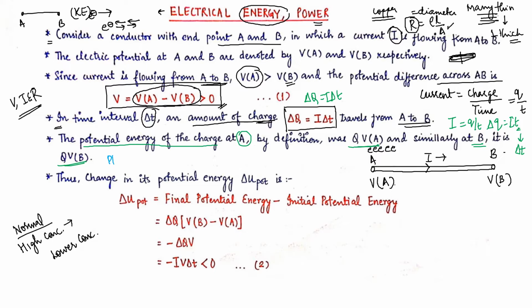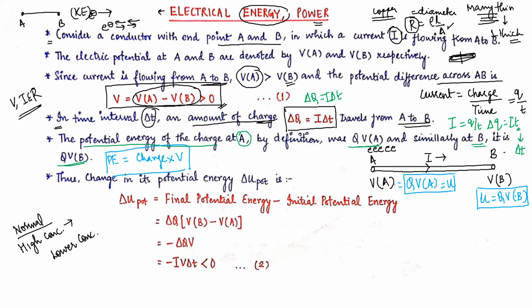So over here the potential energy U equals q V of A, and over here U equals q V of B.